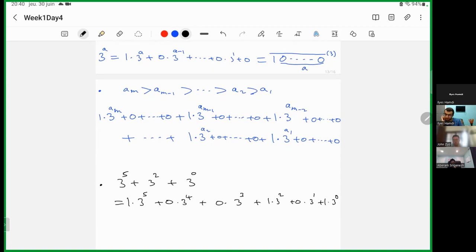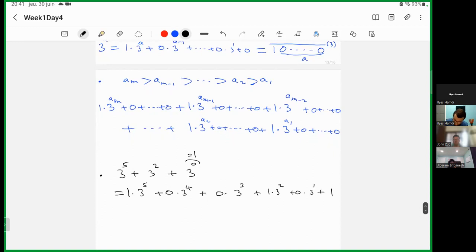Yeah, it's like binary, exactly. So actually 3 to the 0 is just 1, right? So it's like my last number. So did you guys understand? So what will be the expression here in base 3?